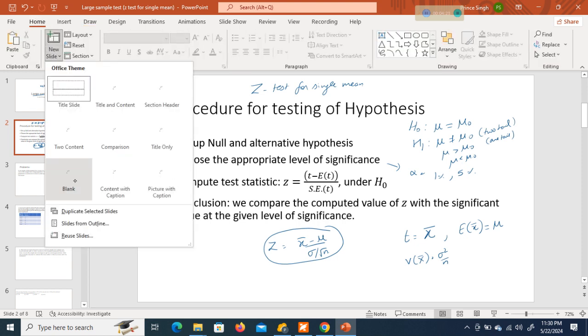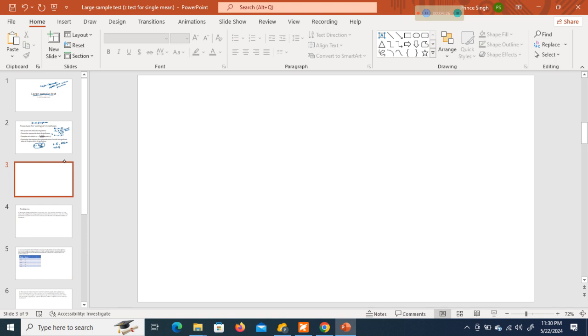If sigma is known, which means the population standard deviation is known, then we are going to use this formula.